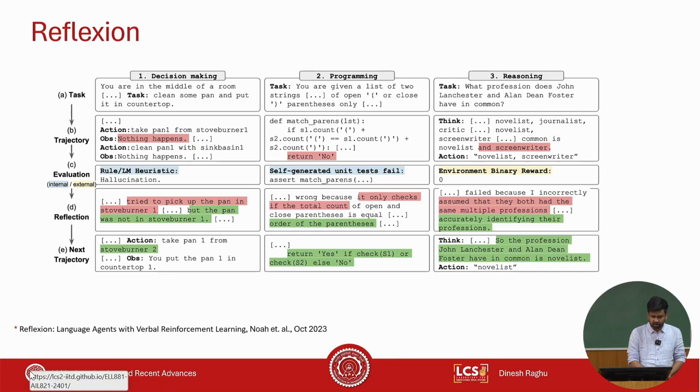So lastly, I'll talk about Reflexion. This paper also came along in a similar time frame, but this combines both ReAct and self-refine together, and they also split the parts of evaluation and reflection.